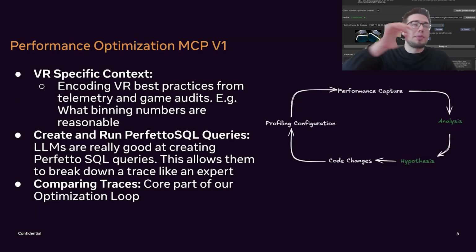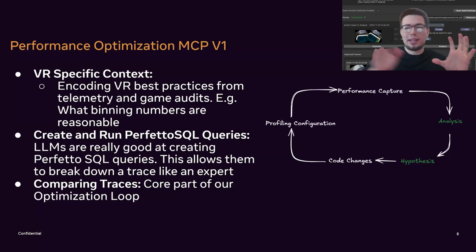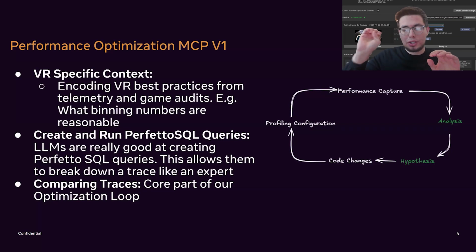Now, in the performance optimization MCP that we're creating, an MCP, if anyone's not aware of what an MCP is, essentially offers a set of deterministic tools to an LLM. LLMs can be pretty random, and there's a lot of reasons why you would want to have deterministic tools.